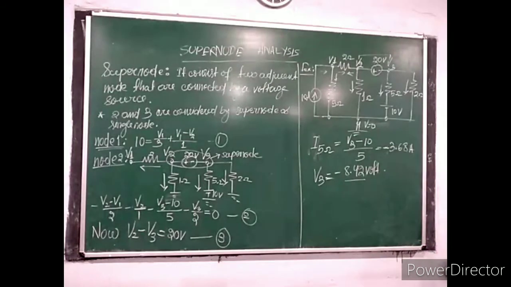Here you get the sign of current flowing through 5 ohm as negative.